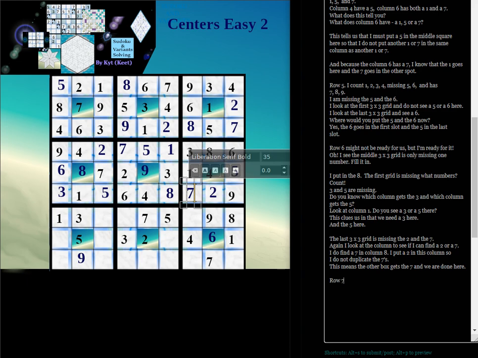Row 7 is missing the 2, 4, and 6. All even numbers. I look at the third column and I find a 2, but no 4 or 6.